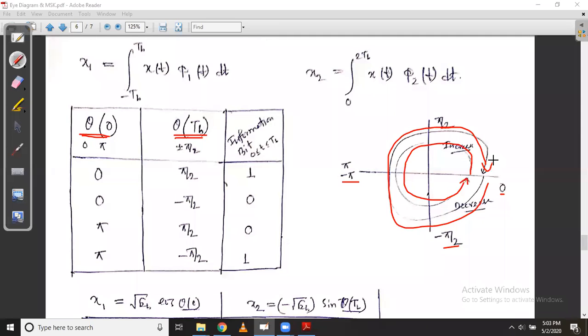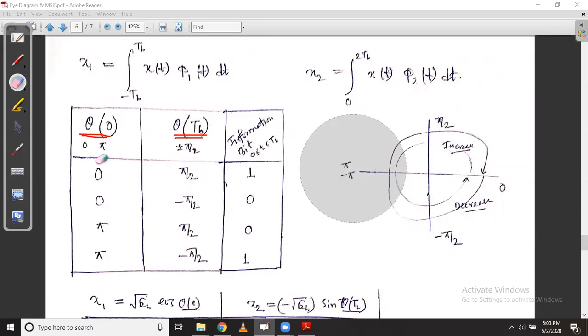Whenever the phase angle value is increasing by pi by 2, understand this very clearly. Whenever the phase angle value is increasing, I have written here increase, pi by 2, pi by 2, pi by 2, then digit 1 is transmitting. Whenever it is decreasing, clockwise, then 0 is transmitting as the information bit.